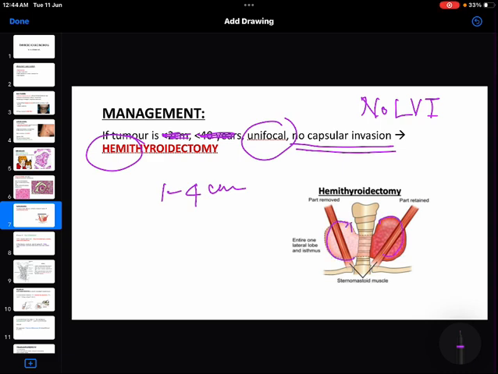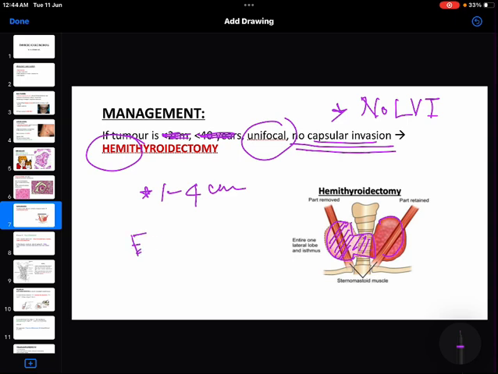In hemithyroidectomy, we remove only the affected lobe along with the isthmus, the central part. This is called hemithyroidectomy. If the patient fulfills all these 4 criteria, then we can proceed with hemithyroidectomy.